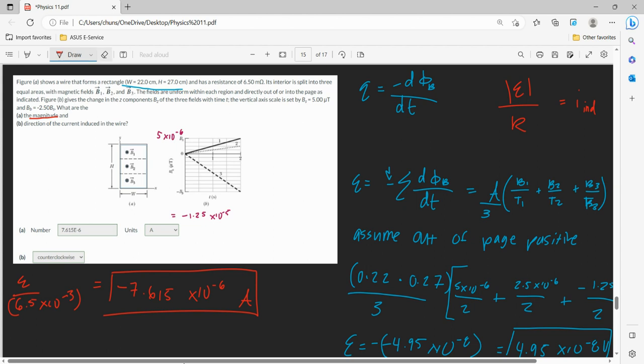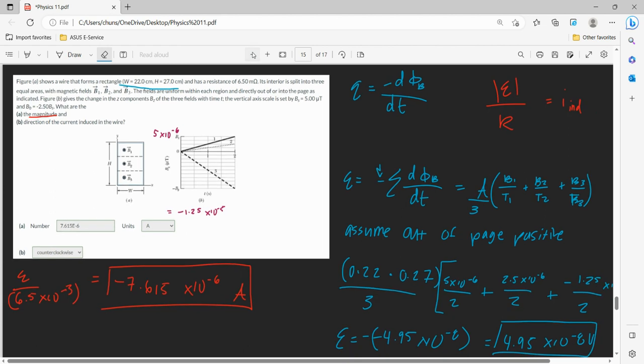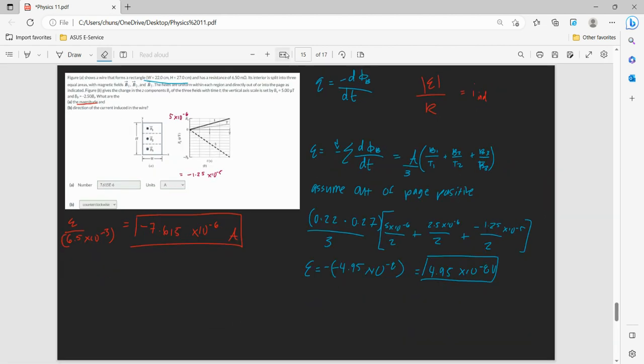And since our increasing flux was in the positive direction, according to Lenz's law, when we use our right-hand rule, our induced current must be flowing the other way, so that means we need a counterclockwise direction for this problem.